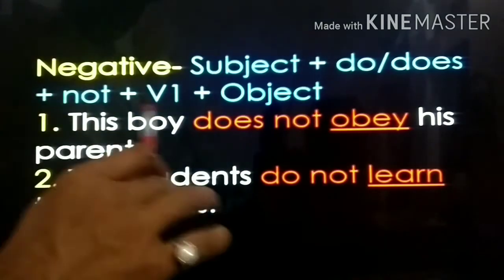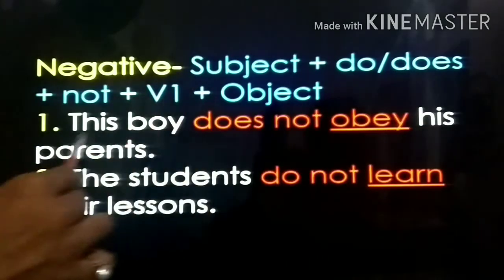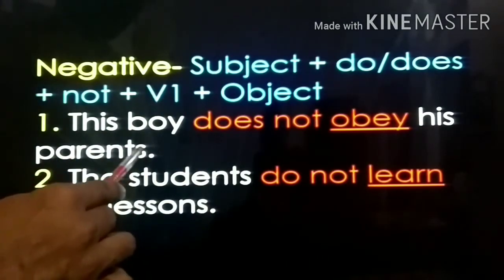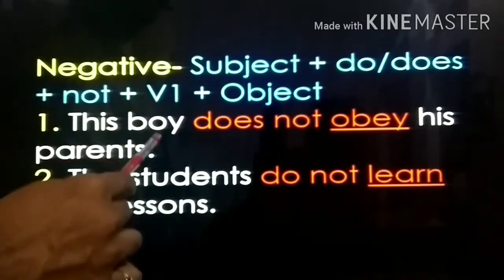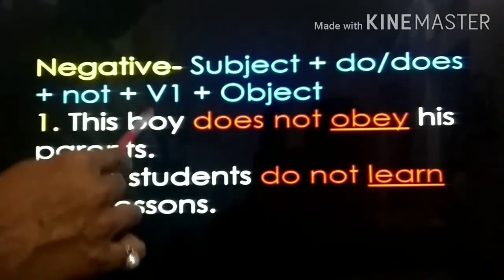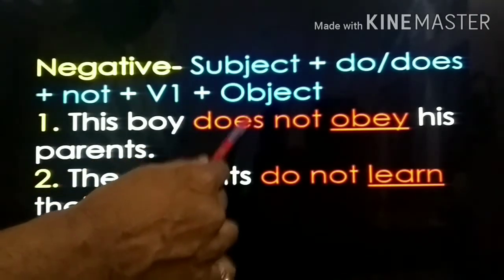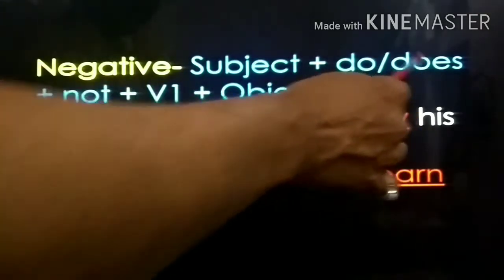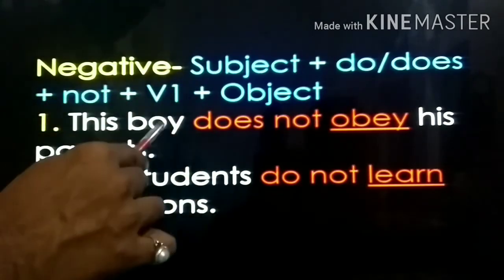Now see the sentence: this boy does not obey his parents. Now see the subject, this boy. This boy means this is a singular person, and when this is a singular person we have used does not. In all conditions we have to use only the first form, not S or ES forms.